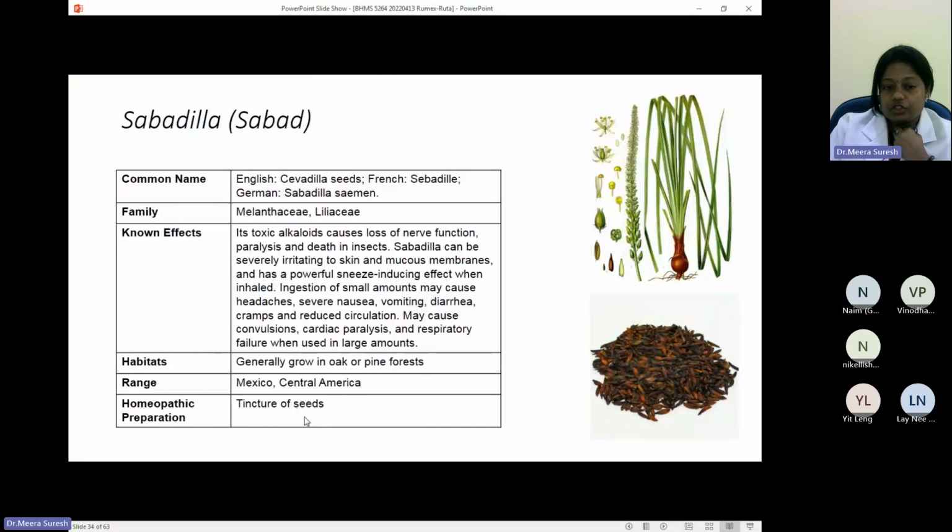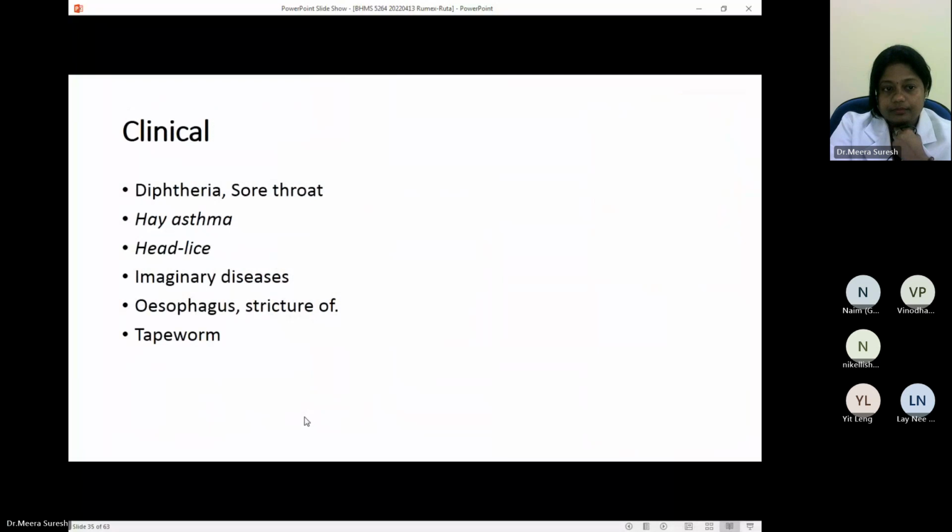Homeopathically, we are using the tincture of the seeds. As I told, mostly diphtheria, and nowadays diphtheria is very difficult to get. But for throat related complaints, acute or chronic, we can think about it. Still, it is very useful only in acute conditions. For the chronic conditions, we have to go for a deeper remedy.